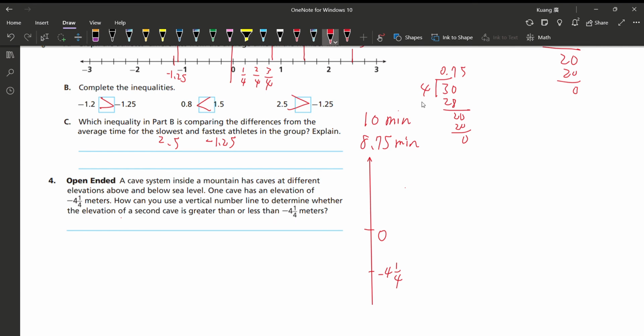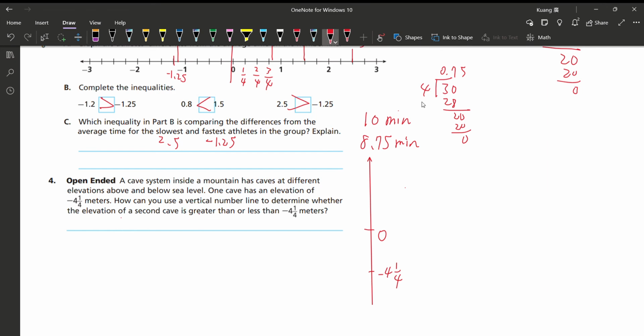How can we determine whether the elevation of the second cave is greater than or less than this? On the number line, if the point is above negative 4 and a quarter, then it is greater than that cave.